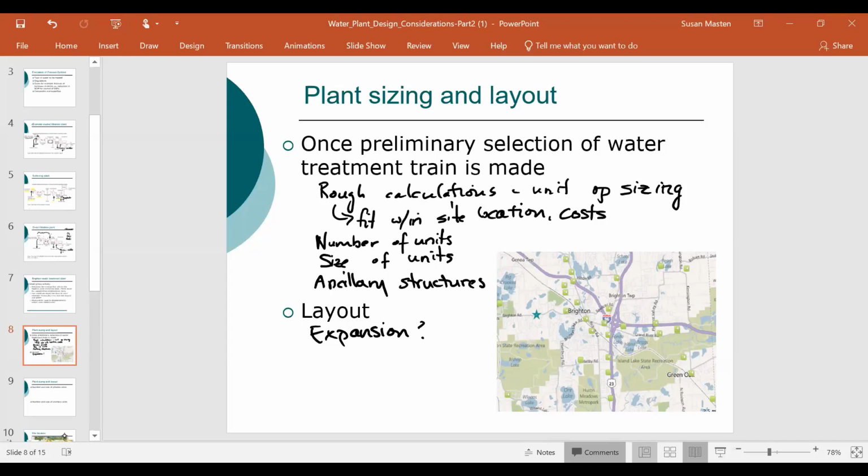So there was enough land that they built the plant, and then they would build a mirror image of the plant on the existing land.